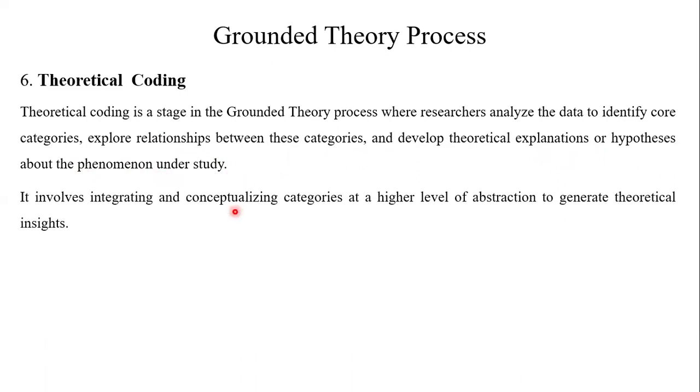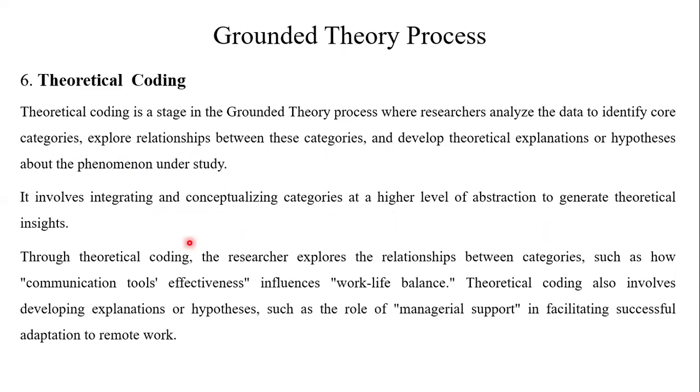So what you will do, it involves integrating and conceptualizing categories at a higher level of abstraction to generate theoretical insights. So, through theoretical coding, the researcher explored the relationship between categories such as how communication tools effectiveness influences work-life balance. So this is the stage where you try to run the regression or the correlation of the additionally collected data in order to understand what kind of relationship exists between different codes.